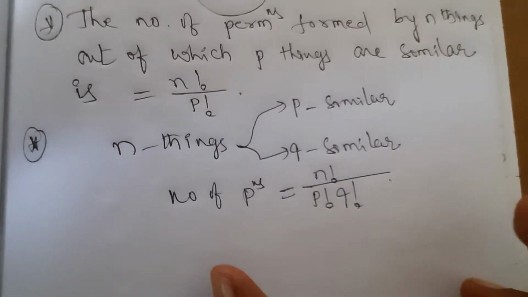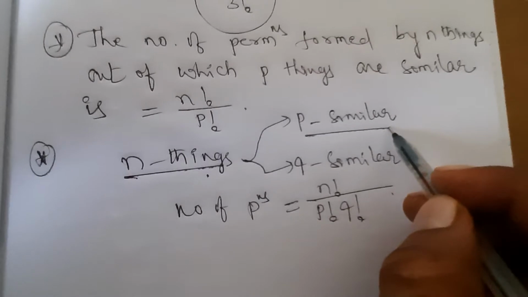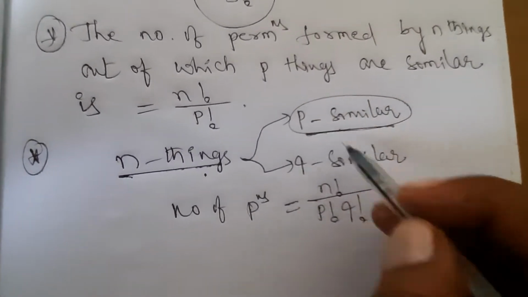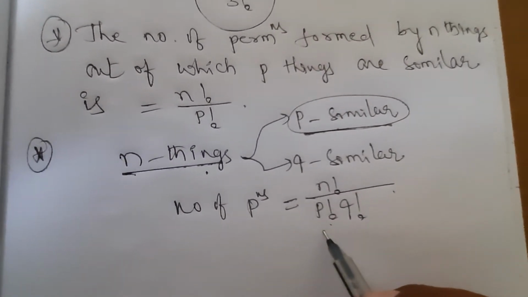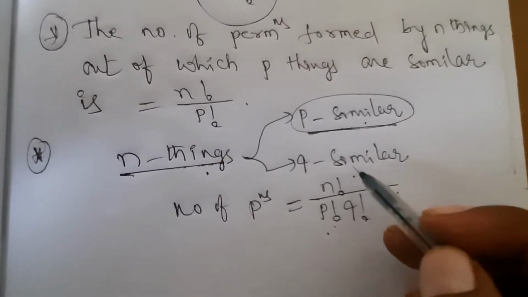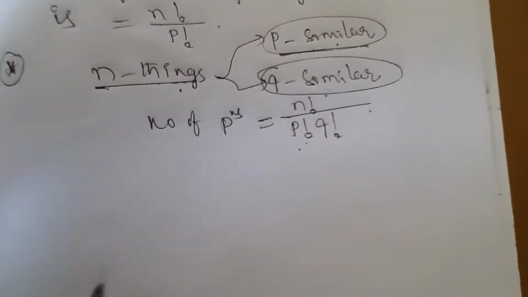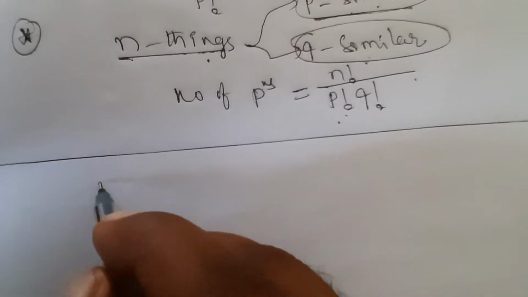Here you have to remember: out of n, however many similar things there are, you have to divide by that factorial. Not only one similar kind, if a second similar kind is also there, you have to divide by that also. A few examples I will give, you can understand very easily.